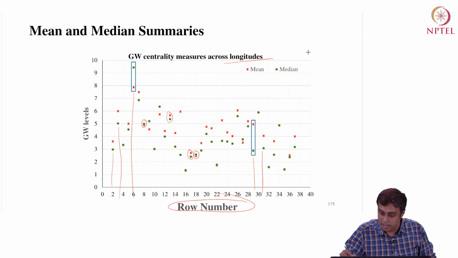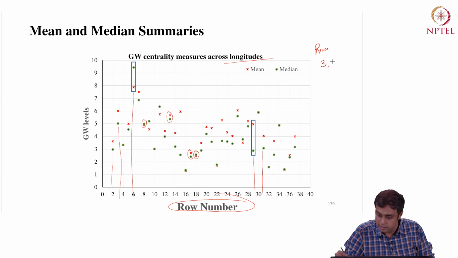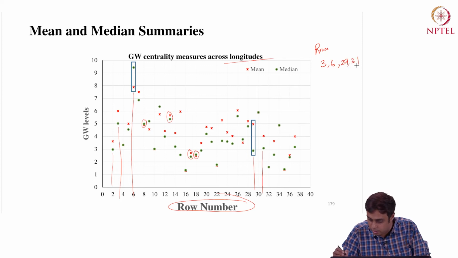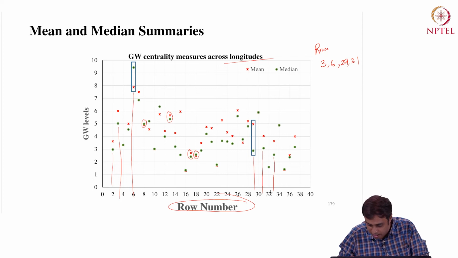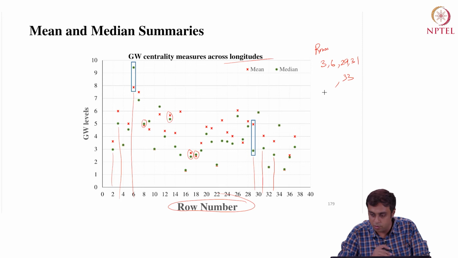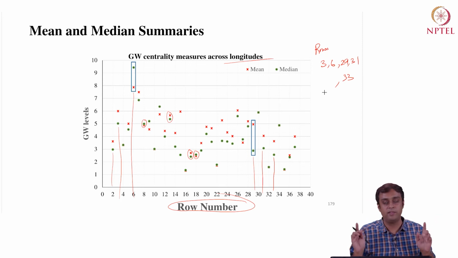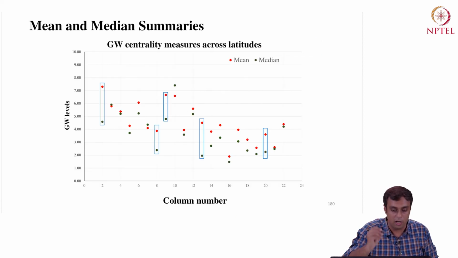Okay, so I'm going to mark rows 3, 6, 29, 31, right? Where else do we see a very large difference between the two? Maybe here we see a very large difference at 33. Okay, so we are going to look at 3, 6, 29, 31 and 33. We'll try to remember that when we get there. We'll just do a recall.